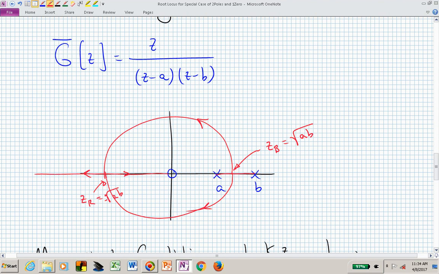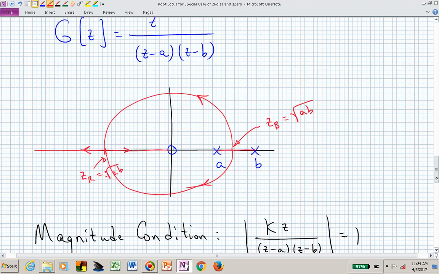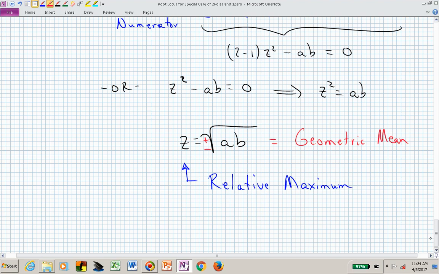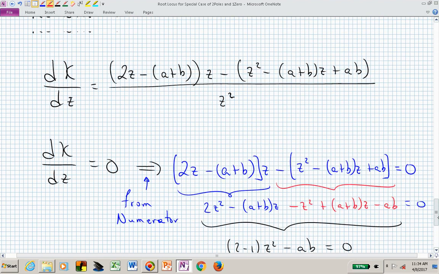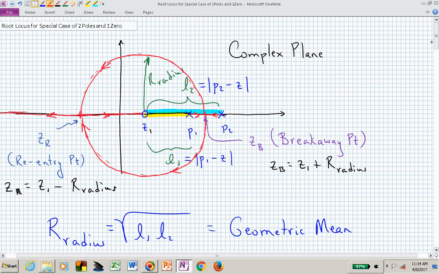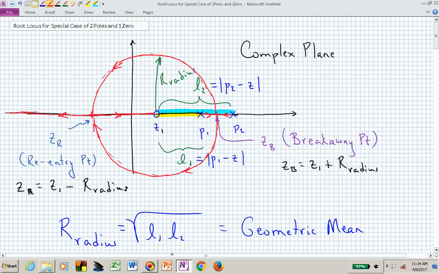And now we'll just have to worry about where those branches of our root locus are relative to the unit circle. But all of that should be explaining why, in general, we just have to worry about finding the geometric mean relative to these two lengths, L1 and L sub 2, where L1 is the length between the first pole and the 0, and L sub 2 is the distance between the second pole and the 0.